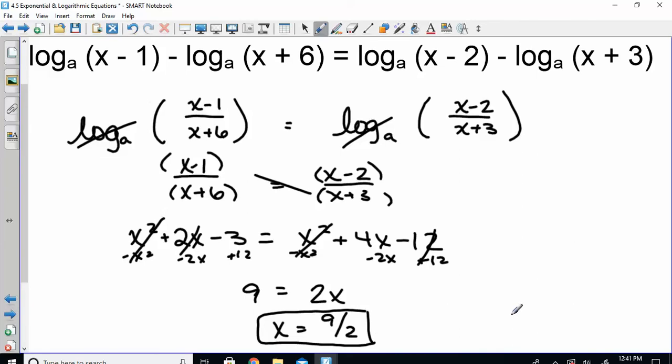X to equal 9 over 2. Check it, 9 over 2 is like 4.5, so 4.5 minus 1 is good, 4.5 plus 6 is fine, 4.5 minus 2, 4.5 plus 3, those are all positives, so that one works.